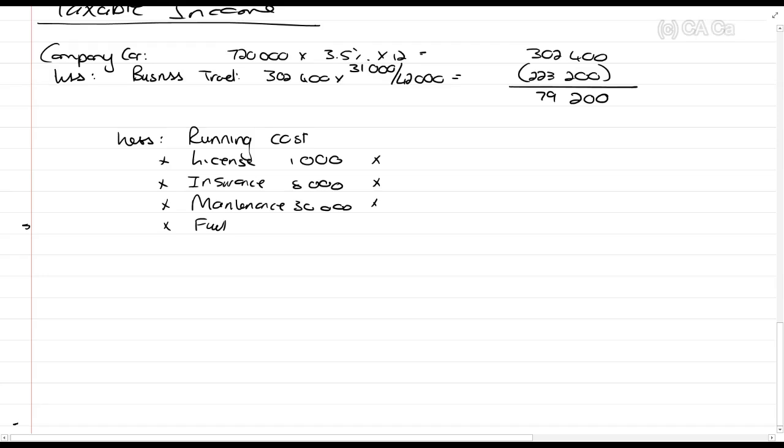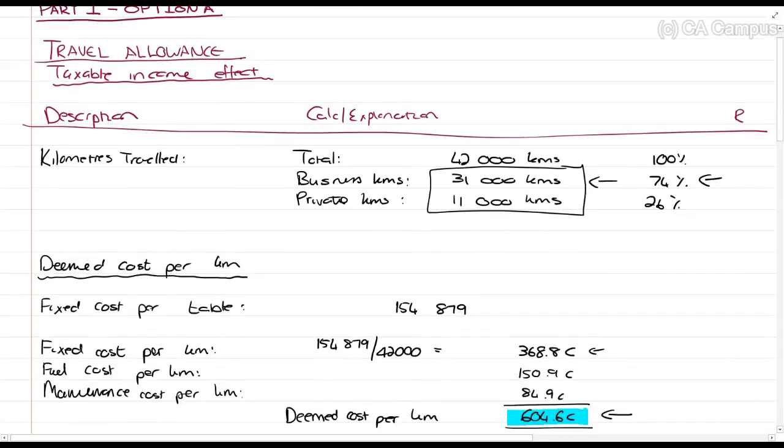We've already removed this. What we've got left here is only private travel, because we've deducted all the business travel over here. So we're left with only private travel. So you can only deduct the private portion of these costs incurred, because that's the only thing that's left there. Just remember that logic, especially if you haven't revised it in a while.